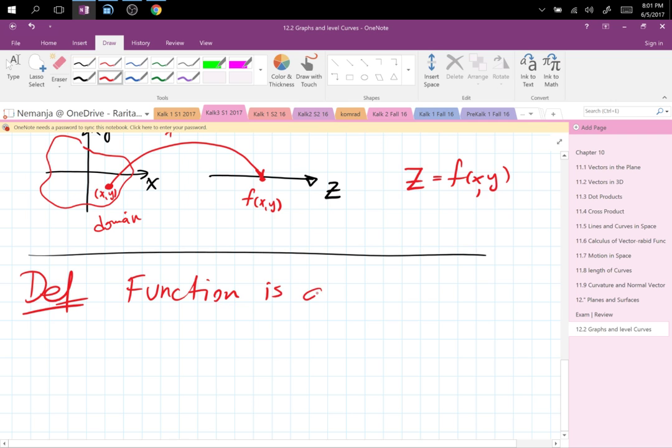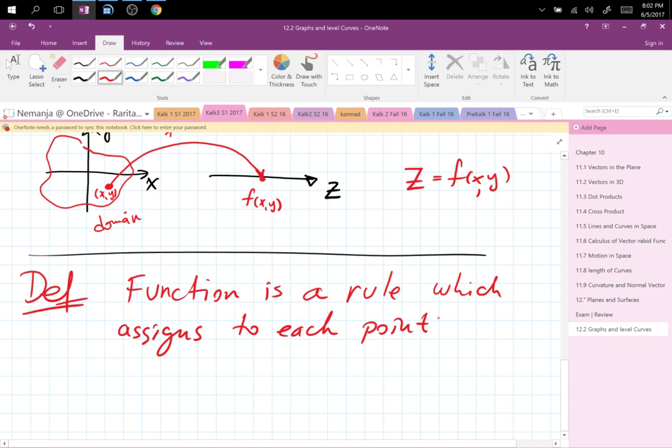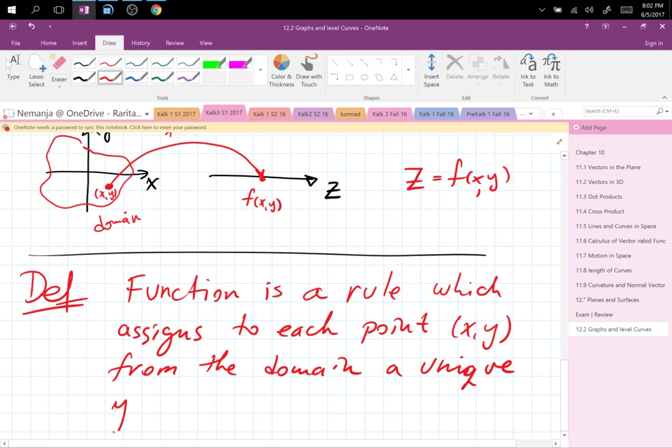Function is a rule which assigns to each point xy from the domain a unique z in the range.